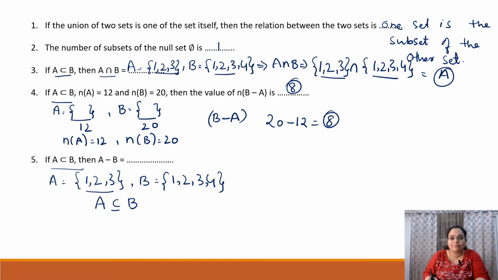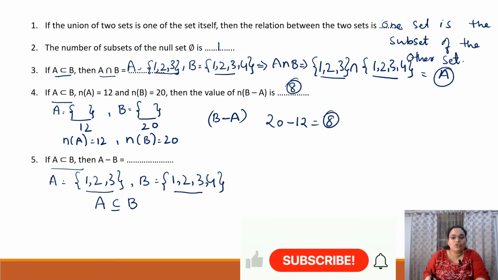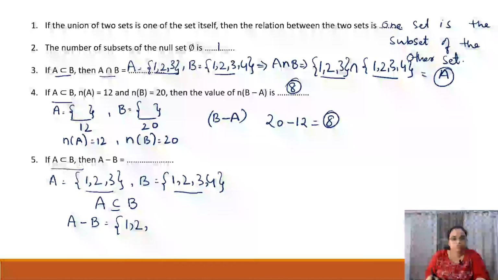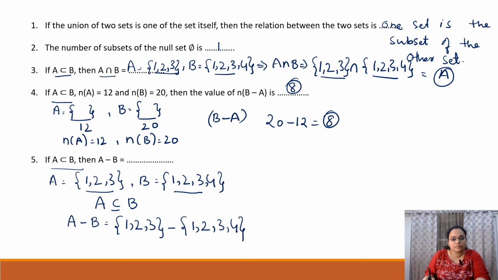Because all the elements in A are also elements of B. Now we need to find A minus B. That is, what is A? 1, 2, 3 minus B, which is 1, 2, 3, 4. If you want to find A minus B, you need to cancel all the elements which are common, and take the elements which are in A. The answer is your null set.